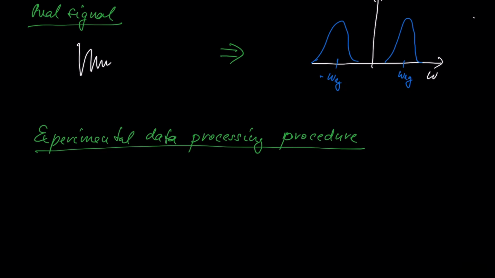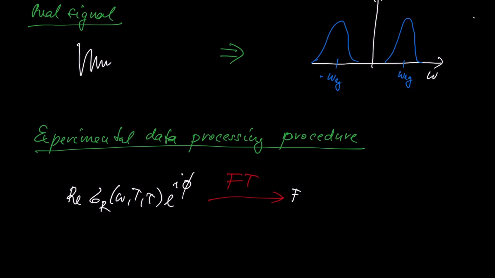is taking what I know in theory is a real part of sigma r omega t tau e to the power of i phi, and Fourier transforming it into a function that, let's call it, the Fourier transform of the real part of sigma r omega t e to the power of i phi.